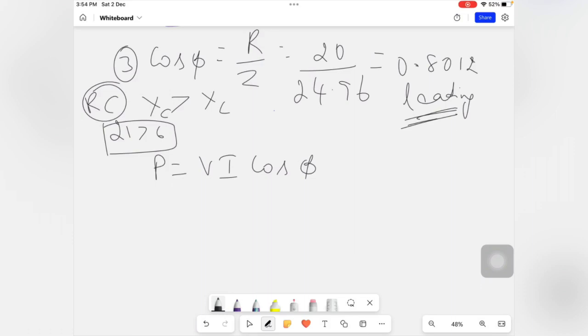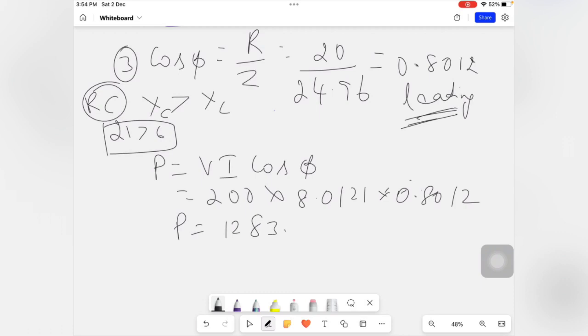Substitute V as 200, current is 8.0121, and cos phi value is 0.8012. So you simplify, and you will get power of around 1283.843 watts. This is the equation for power.